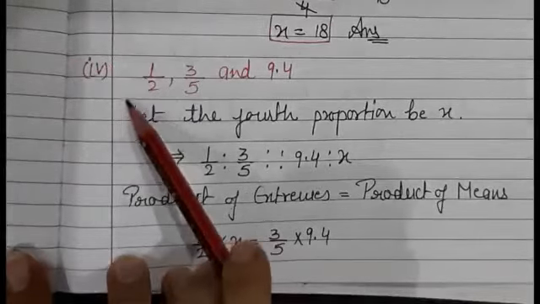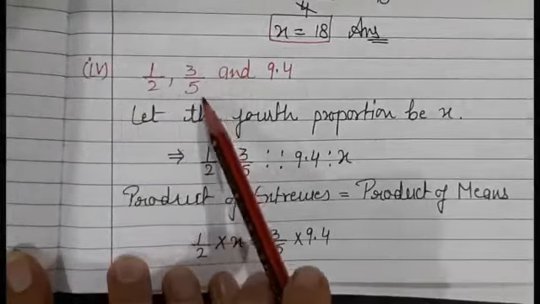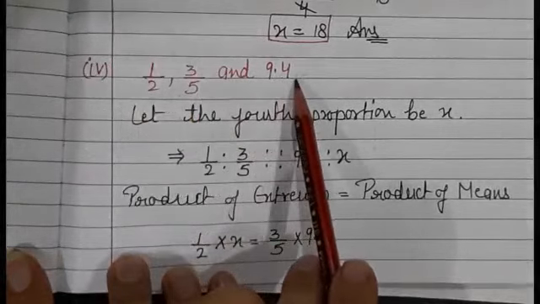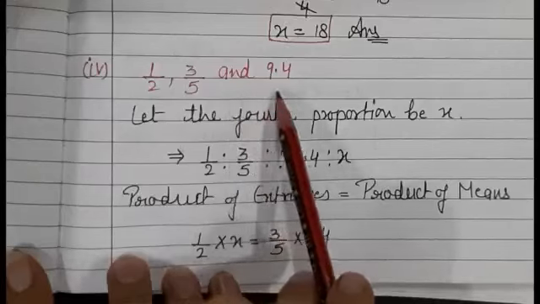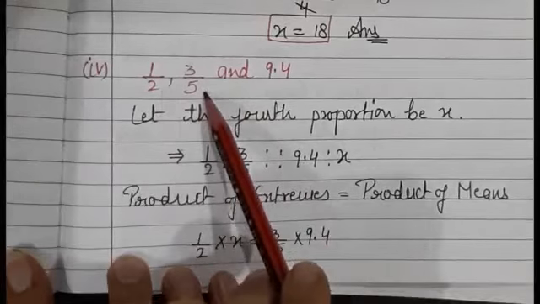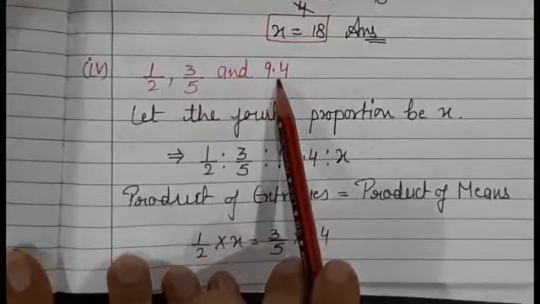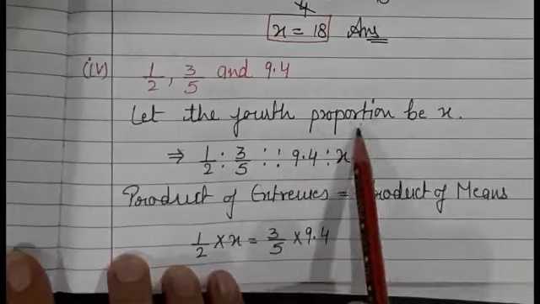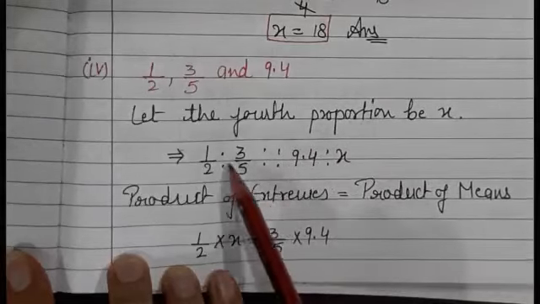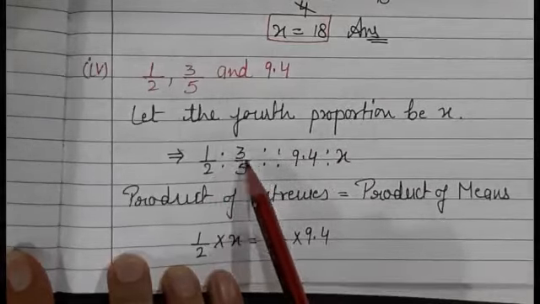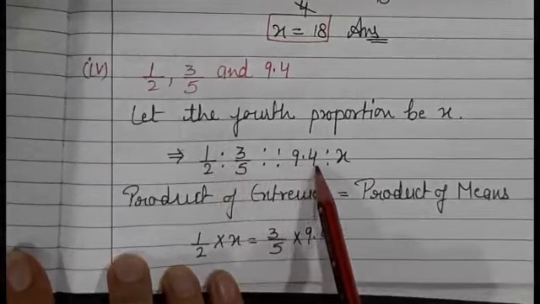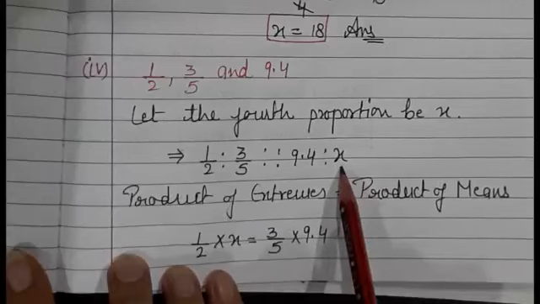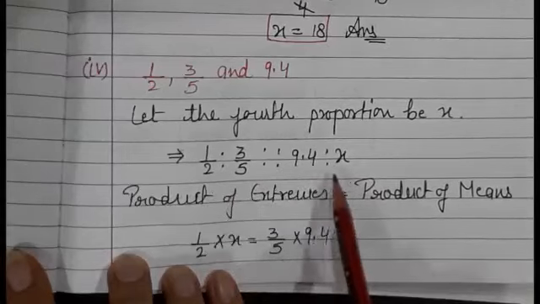Similarly, fourth part, 1 upon 2, 3 by 5 and 9.4. Three proportions are given. This is first, this is second and this is third proportion. We have to find out the fourth proportion. So let the fourth proportion be x. So 1 upon 2 is to 3 by 5 as 9.4 is to x. These are in proportion.